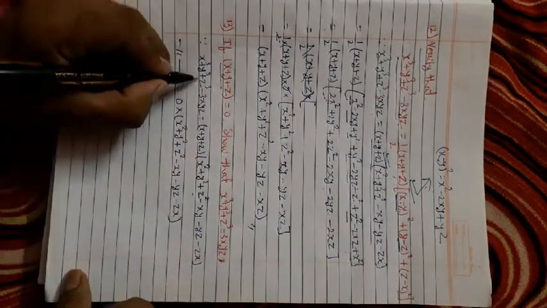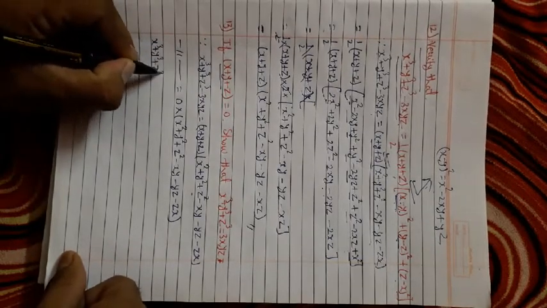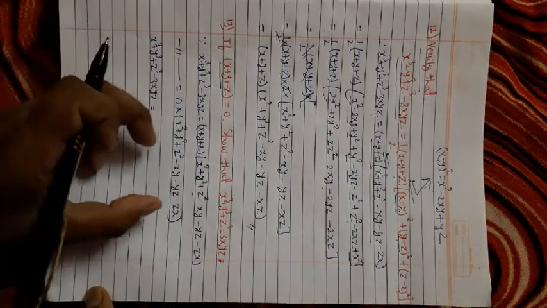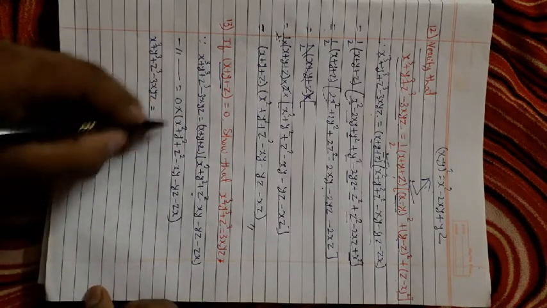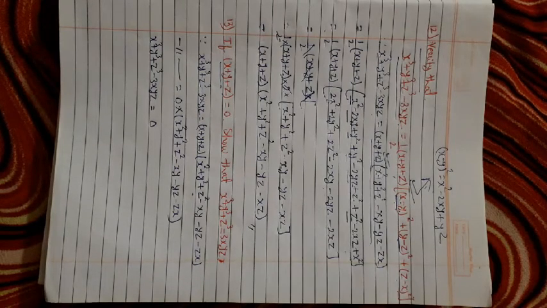Now, x cube plus y cube plus z cube minus 3xyz equals 0 multiplied with this bracket, so this whole term will be equal to 0. We all know that when 0 is multiplied with any term, it becomes 0.